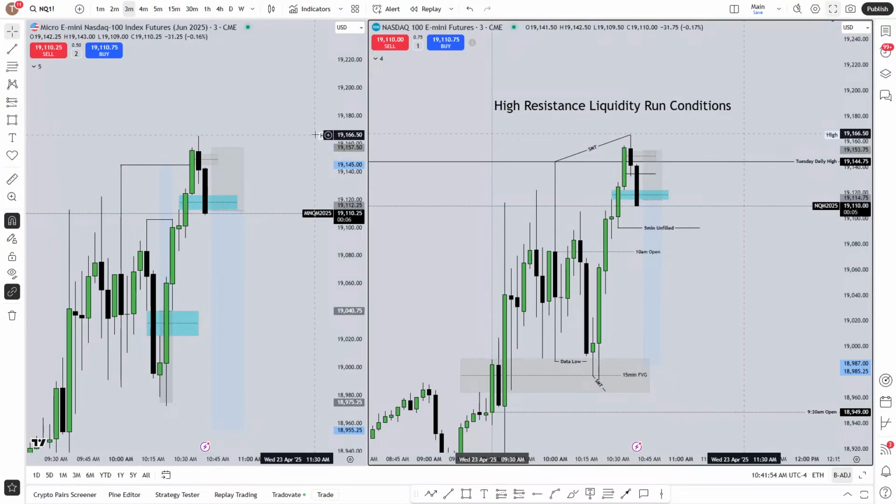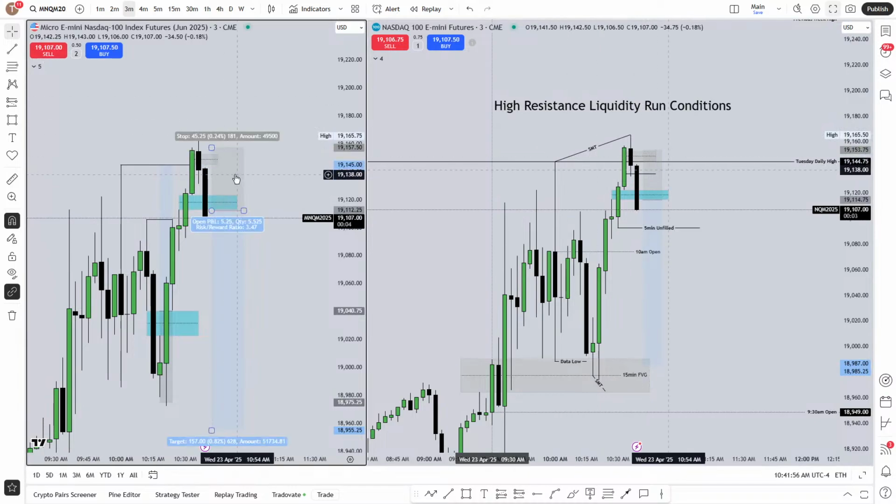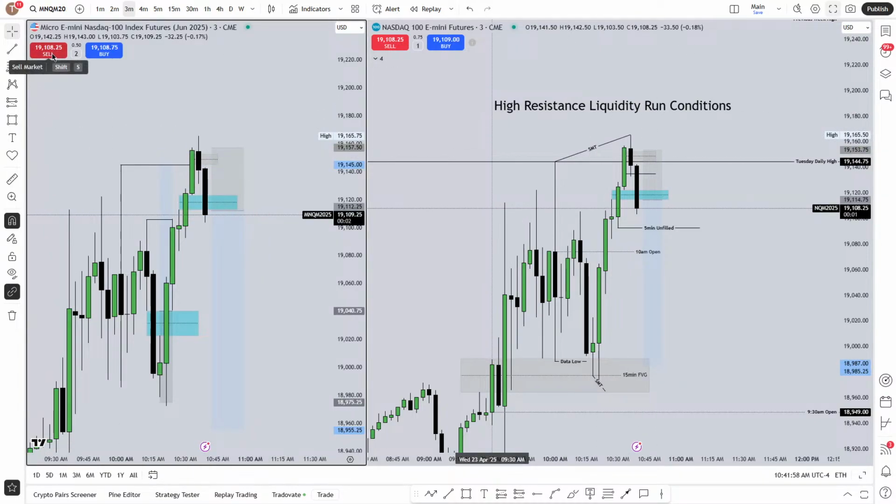Okay, yeah, I'm gonna take that if it closes below. Low risk here.